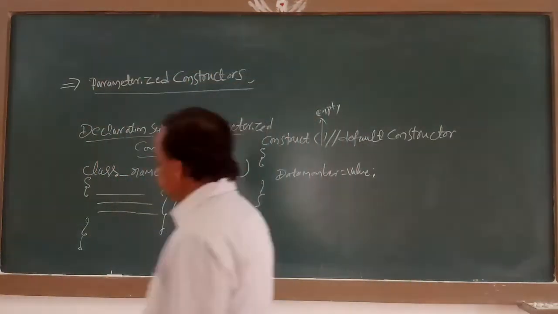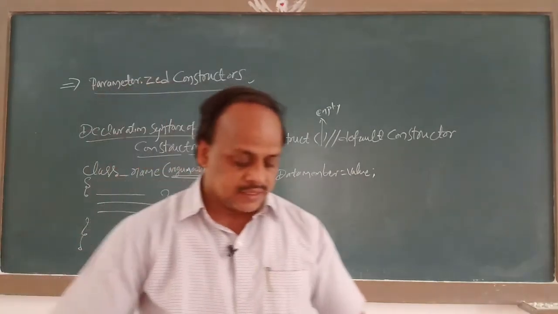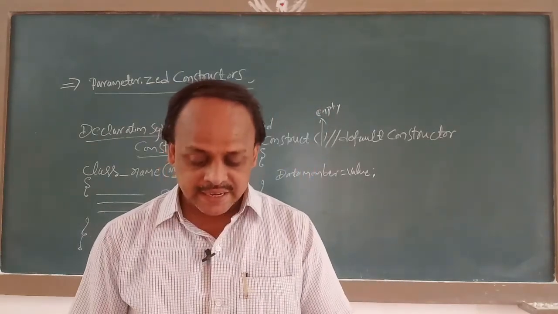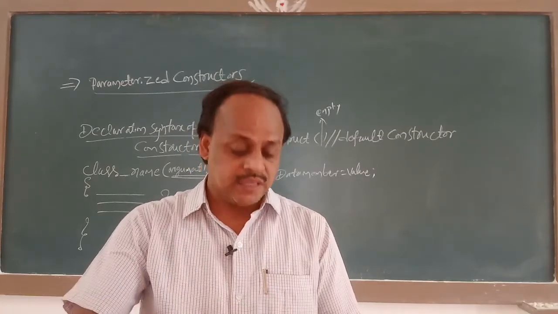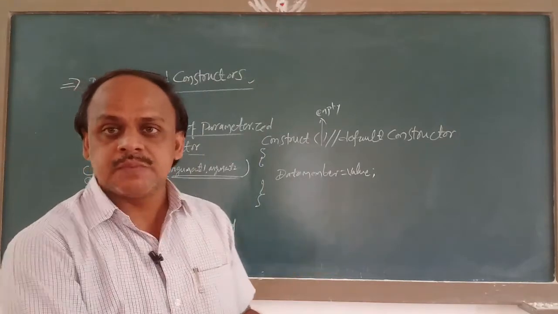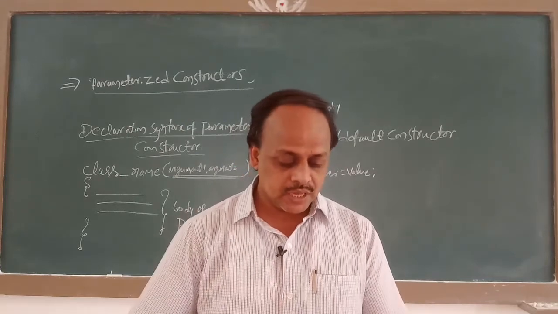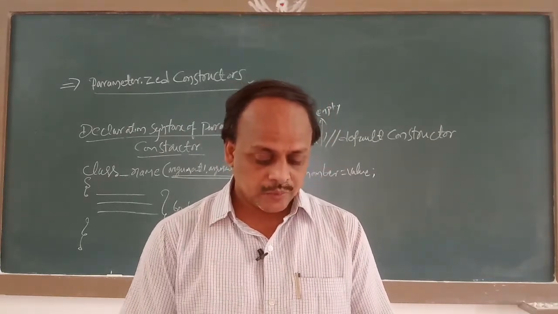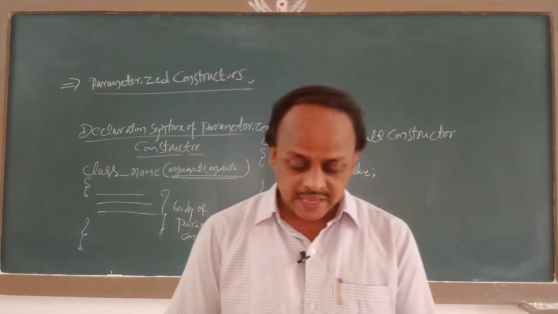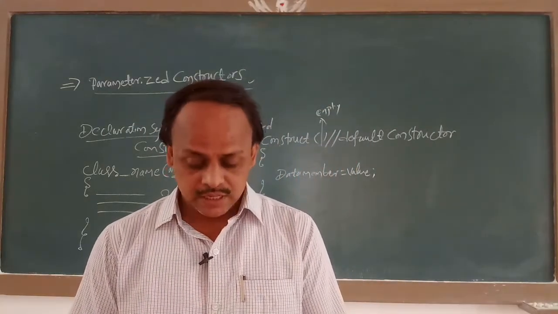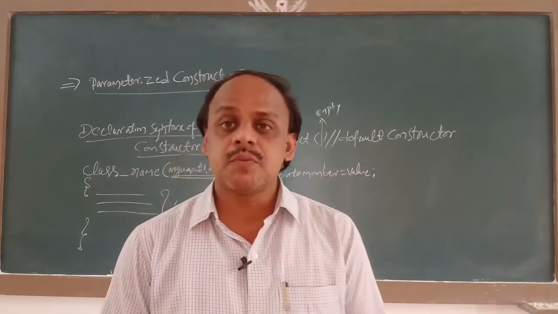Next we can observe two points here. The number of arguments and their type should match the formal arguments of the constructor. Second point: if the type of the arguments does not match the formal parameters of a constructor, C++ uses type conversion and looks for the best match.